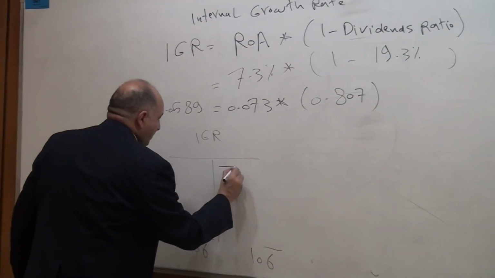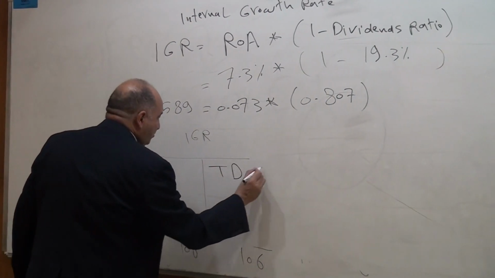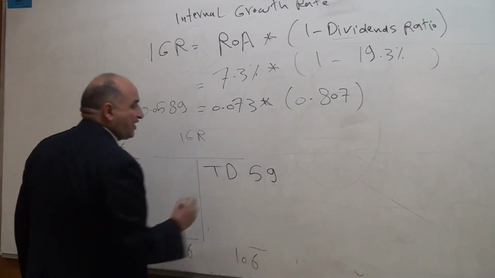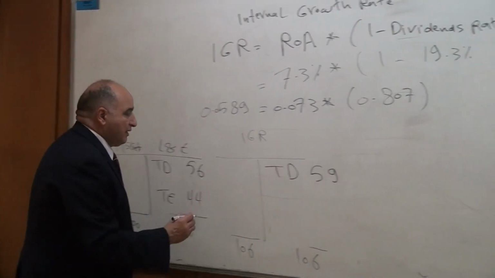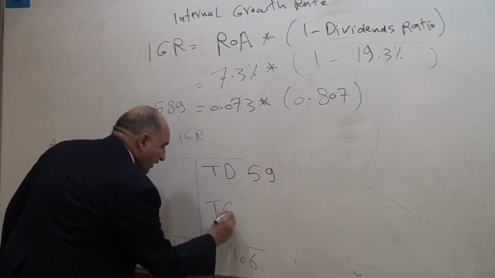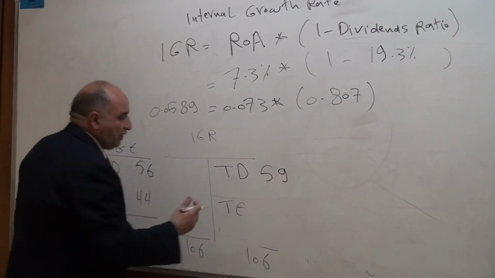So our total debt, we will not have an extra loan, so it will be 59. So our equity will be the remainder.